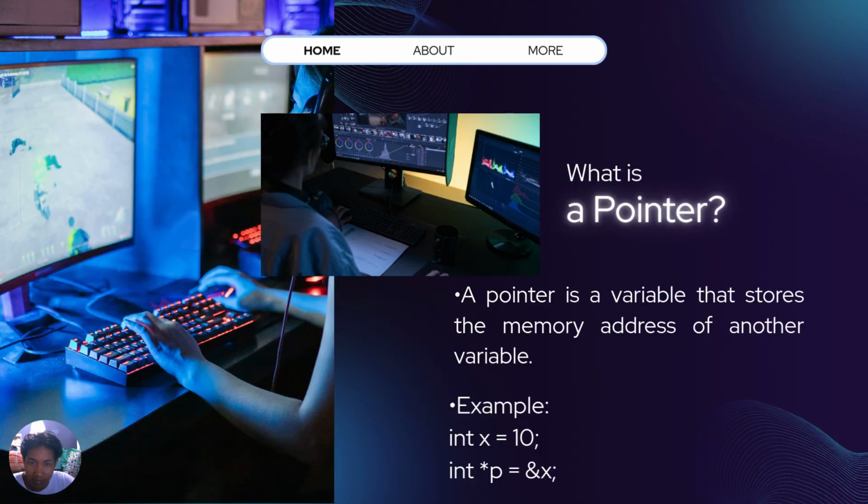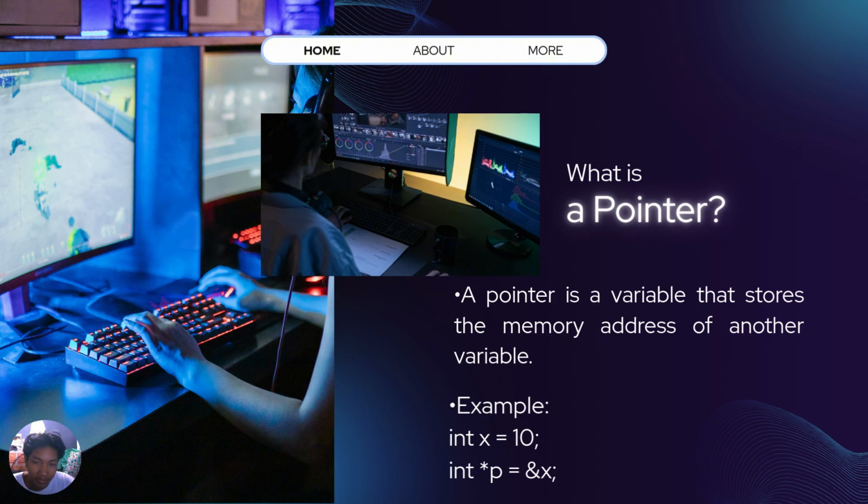Before we understand double pointers, we must first review what a pointer is. A pointer is a variable that stores the memory address of another variable. Instead of storing an actual value, it stores the location where the value is stored. For example, we declare an integer variable int x = 10;. Then we declare a pointer int *p = &x;.